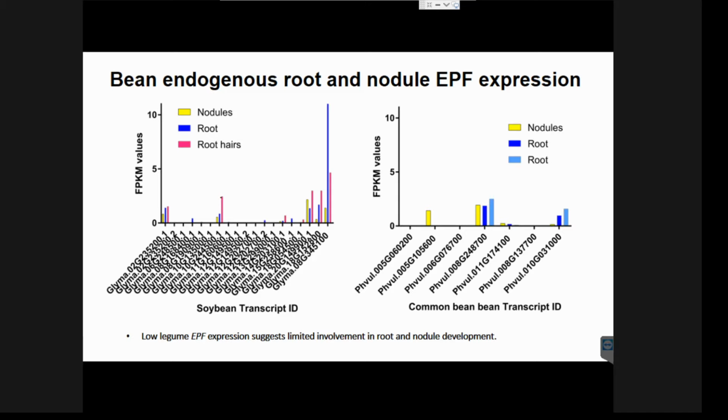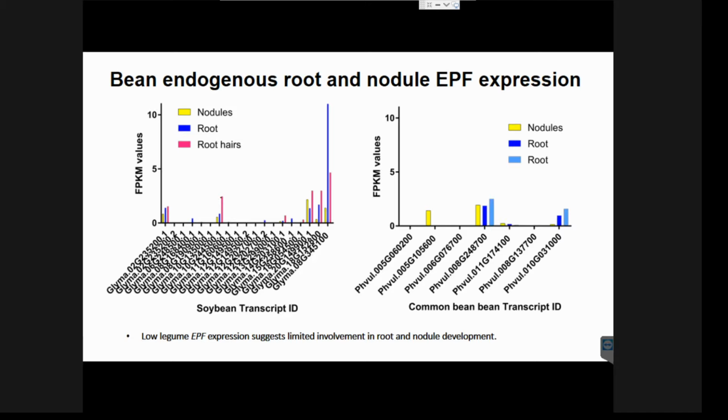Now in beans, so this is soybean transcripts of different EPFs, and this is common bean transcripts of different EPFs in nodules and roots and root hairs. You see very low to non-existent expression of most of the EPFs.